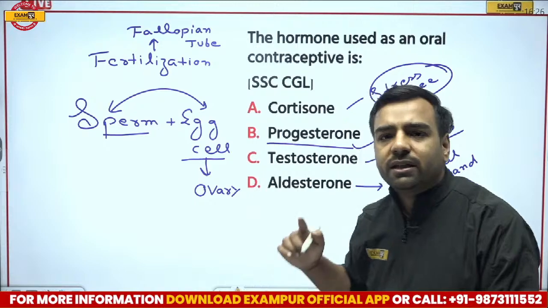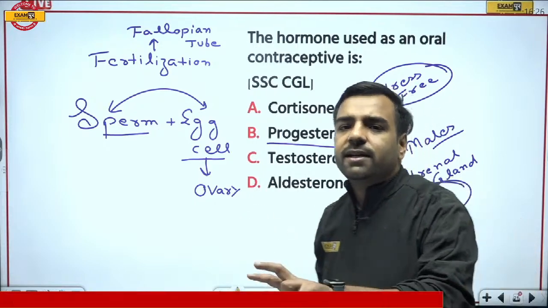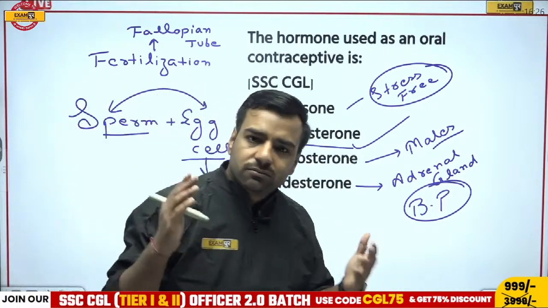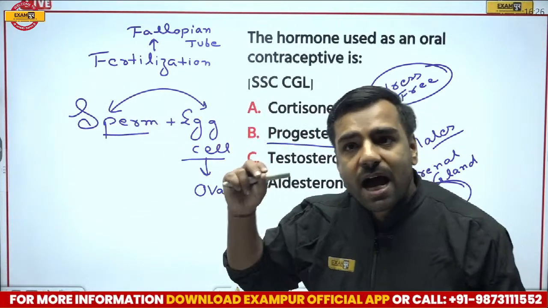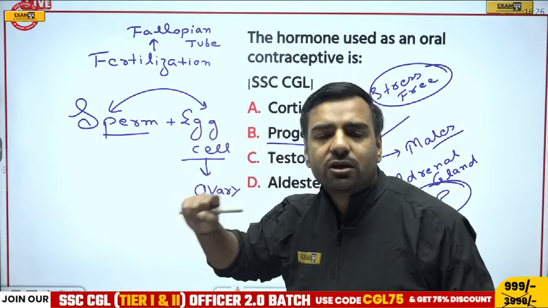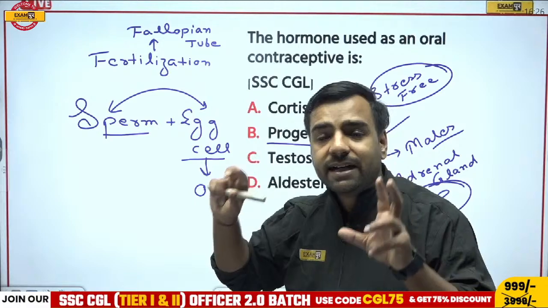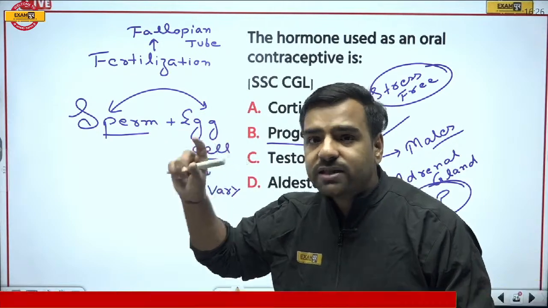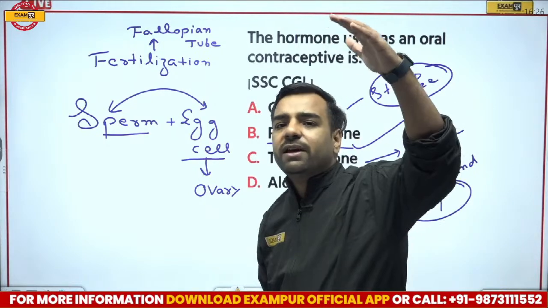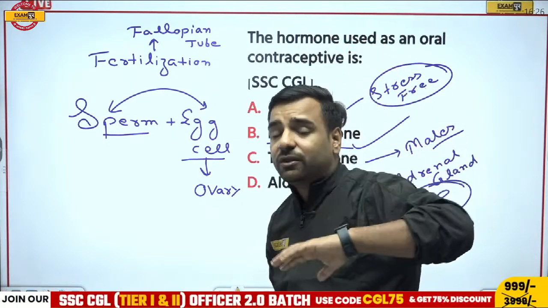Regularly I have to take the session, so after 2 or 3 days, even if the alarm doesn't ring or my mobile doesn't ring, I will still wake up at 4. Why? Because there's a biological clock set in my body, and that is because of the pineal gland. And that hormone is melatonin.